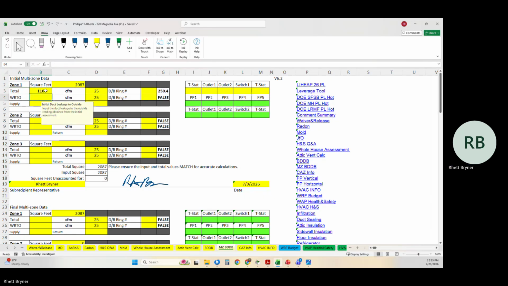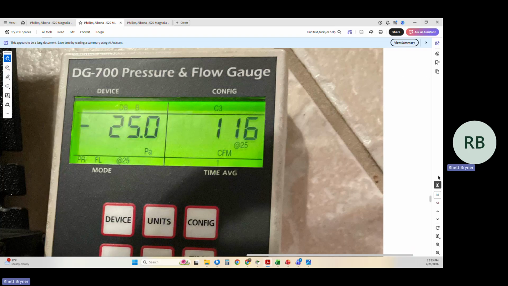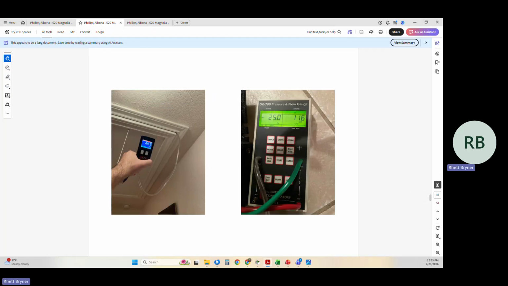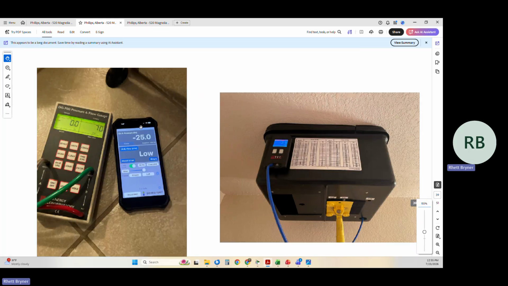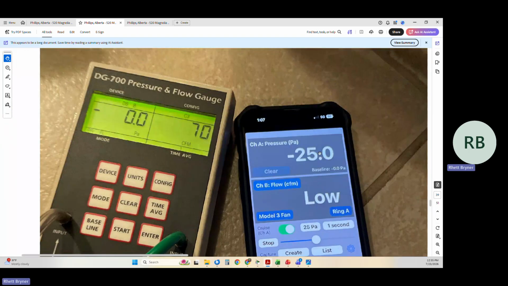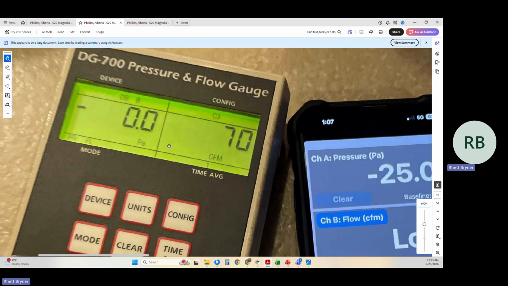All right. So next, the way I do things, the second photo is going to be right here. In this one, you're going to have your blower door running, to have the whole house at -25 pascals. Your settings here are going to be pressure flow for your reading on your manometer.